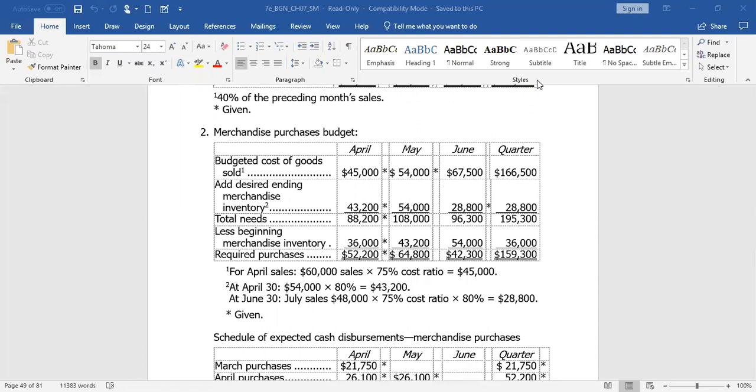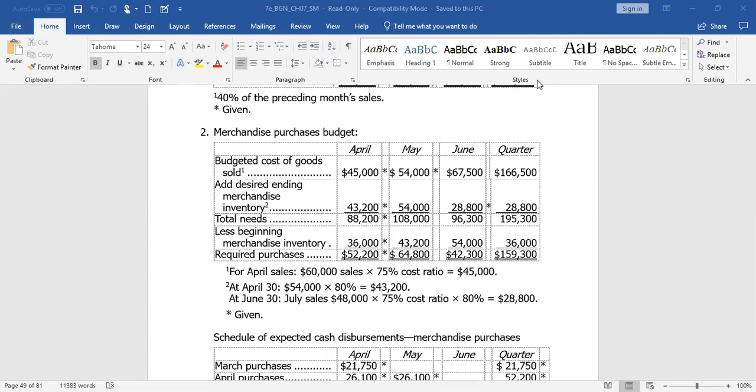Now, item D says each month's ending inventory should equal 80% of the following month's budgeted cost of goods sold. For April, we want to know how much ending inventory there should be, because we want to know the cost of everything that will be sold and the cost of everything that will be left.